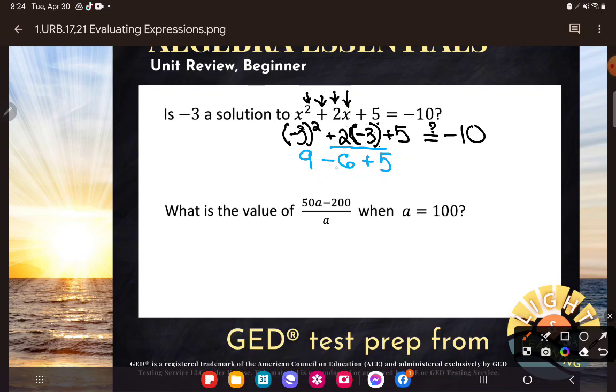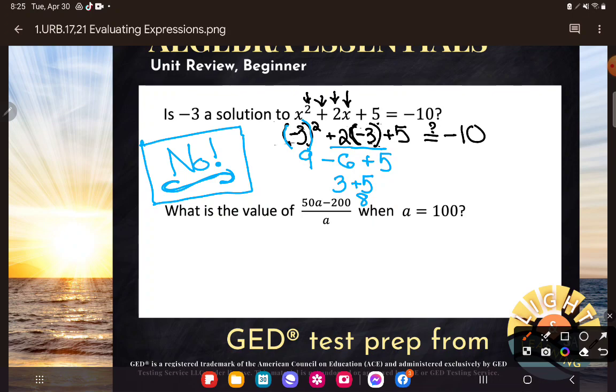Okay, so 9 minus 6 is 3, and 3 plus 5 is not -10, it's 8. So is the left-hand side equal to -10? No, it's not. So is -3 a solution? No. And I know my tricky self, I probably made it so that if you forget to use these parentheses, then you will get -10 as a solution.